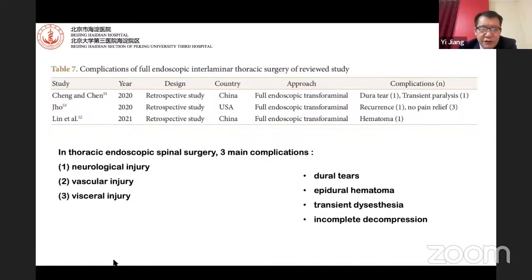The first is neurological injury, maybe direct injury, maybe irrigation injury, maybe high irrigation pressure injury. The second is vascular injury, which is not common. Otherwise, dural tears, epidural hematoma, transient dysphasia, and incomplete compression can also occur.